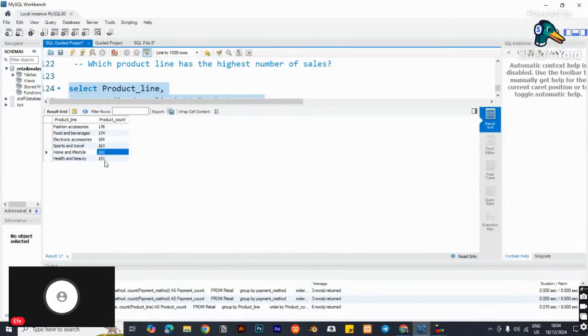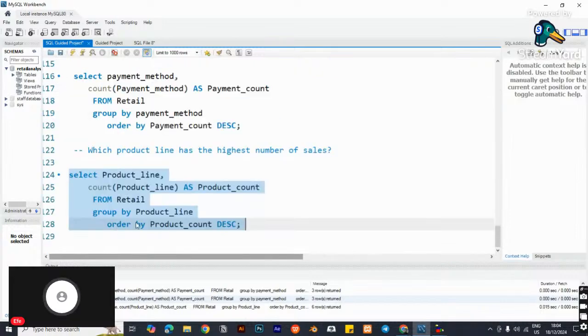These are just KPIs that inform a business on what to do. What your data gives you directs you and helps to guide you on what to do. That's for the product line.